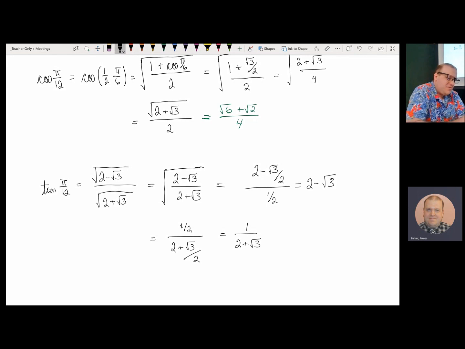What? 1 minus root 3 over 2? Common denominator is 2. Oh, okay. So 1. Wow.